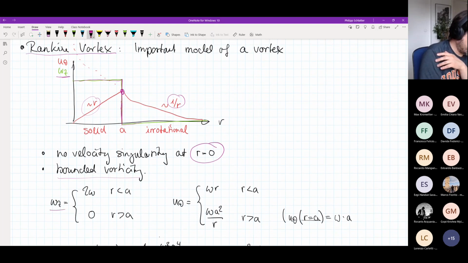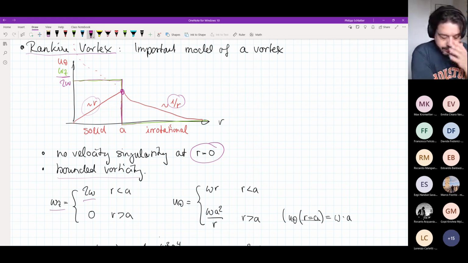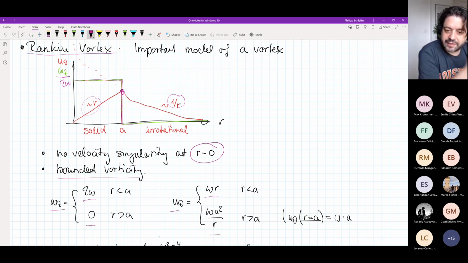So you say inside it has a value of 2 omega. This is just a question of definition that you have the factor of 2 in there, which relates to the angular velocity, as we discussed also last time. And then outside, the vorticity would be 0. And of course, for the velocity itself, this then translates to this linear and 1 over r dependence inside and outside.